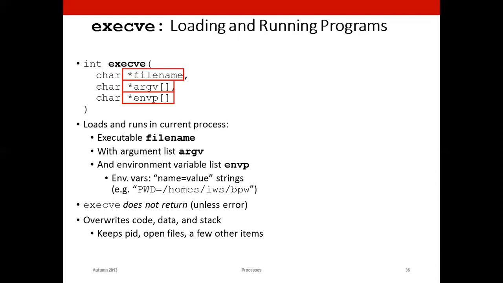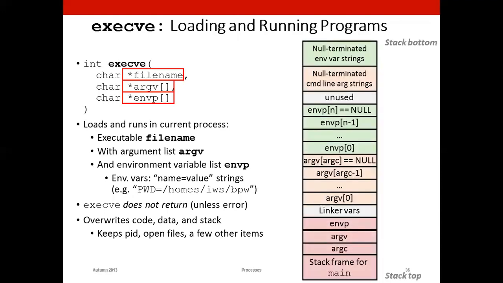So the actual data structure looks something like this. This is the stack frame of our main function. We have the argument count. This is the argument vector that points to a vector that is a list of pointers, which further points to the command line arguments.